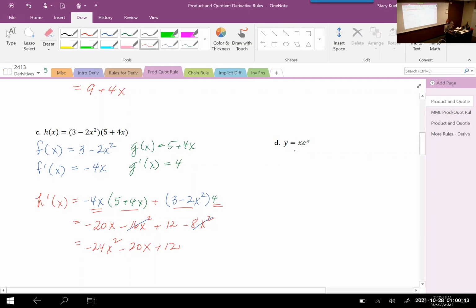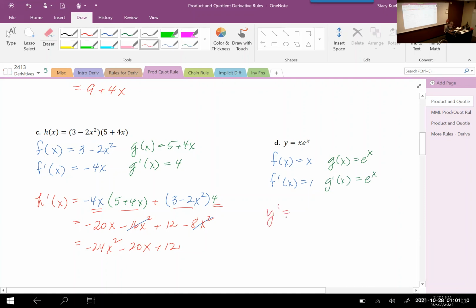So here we're going to take the derivative of x e to the x. So if we let f of x be equal to x, f prime has to be equal to 1. G of x is e to the x, but g prime of x, again, is equal to e to the x.